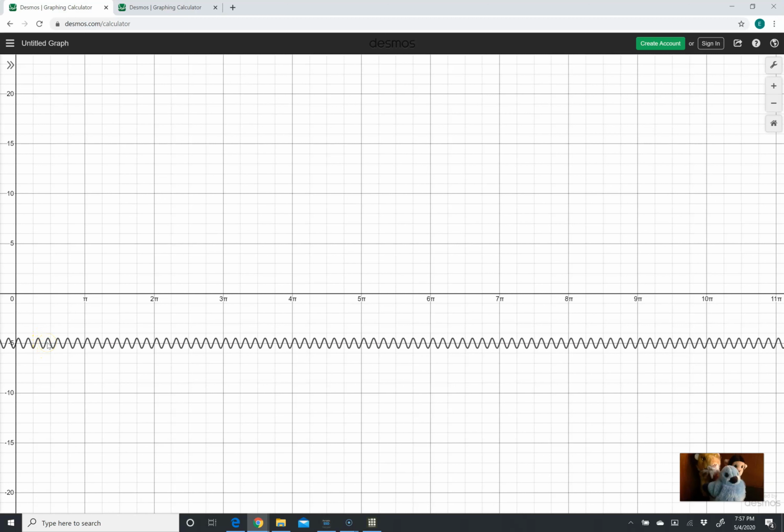Okay, and we could look at our period. We could look at our period, or we could look at our frequency. So we could count the number of waves between 0 and 2 pi, and we get 1, 2, 3, 4, 5, 6, 7, 8, 9, 10, 11, 12, 13, 14 waves, which is what we want as our frequency.